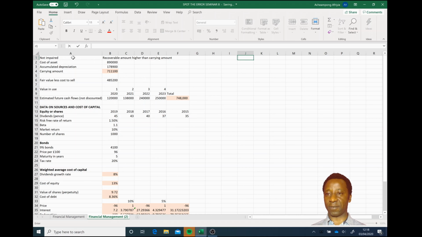We've received information or representations from either an accountant or an auditor that said that when they conducted an impairment review for a non-current asset, they decided that there is no impairment because the recoverable amount of the relevant asset was higher than its carrying amount. Well, all things being equal, I hope you remember, if that is in fact the case, then indeed the asset is not impaired.